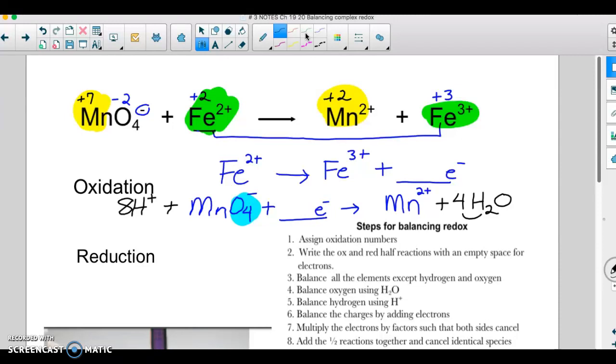adding electrons. So electrons, and you can see that overall on this side of this first oxidation reaction, I have a +2 overall charge.